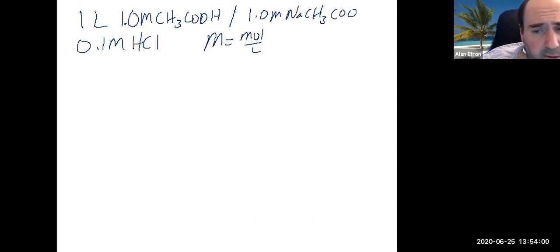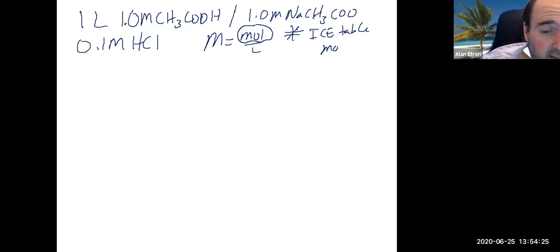The one thing that really doesn't change if you mix a bunch of solutions together is actually the moles part. So the moles part remains relatively constant. The molarity changes. So a very important thing whenever we are adding volumes together: when we do our ice table, we actually have to do the ice table in moles.